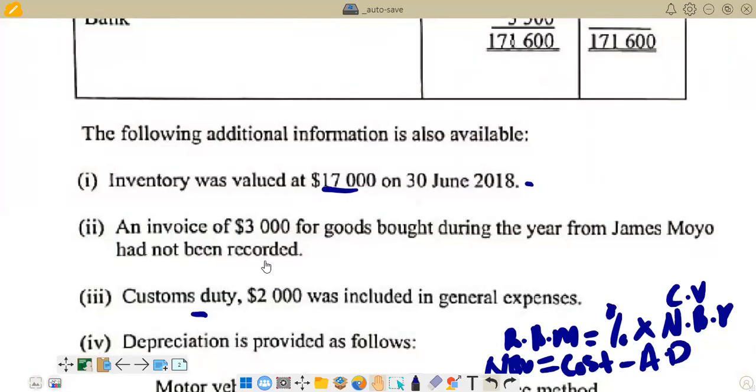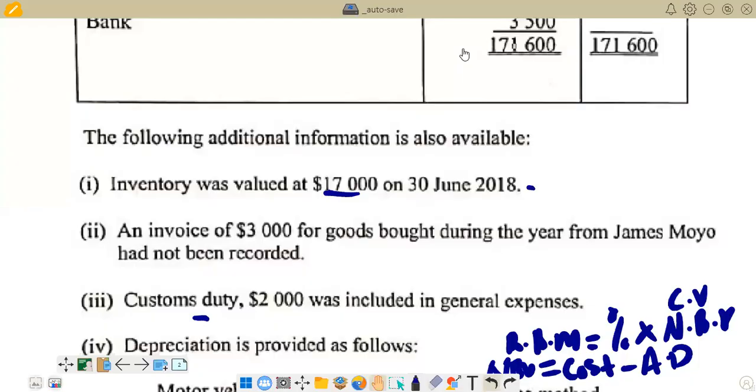So what we have to do now is go to provision for doubtful debts also to check what happened to provision for doubtful debt. So I'm emphasizing that if you don't find any income in the list of balances, first of all, check if you have got any disposal that has taken place in additional information. Because we might have a profit on disposal and the income included under income, it won't be listed there in the list of balances. And secondly, we have to check for provision for doubtful debts.